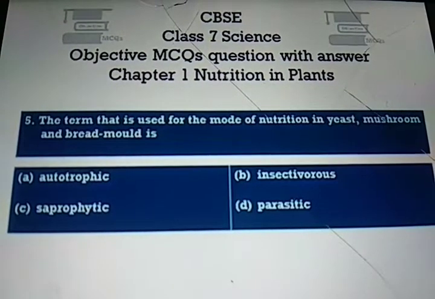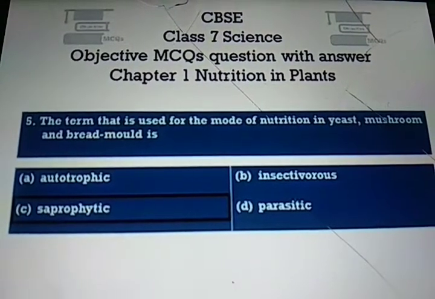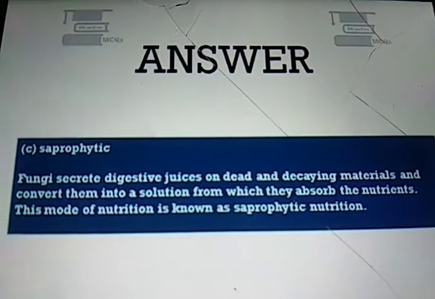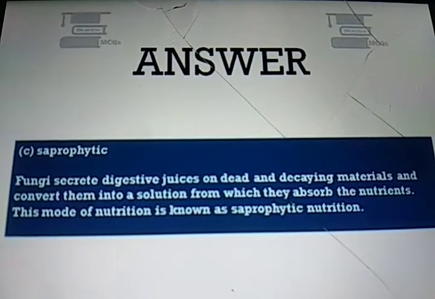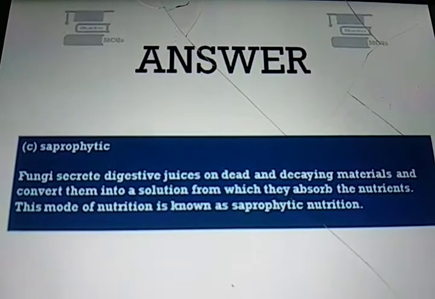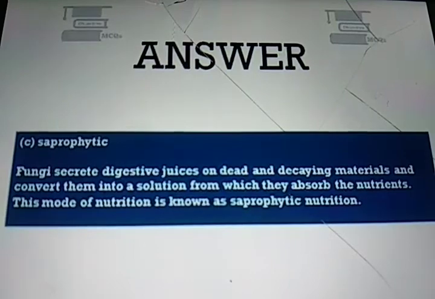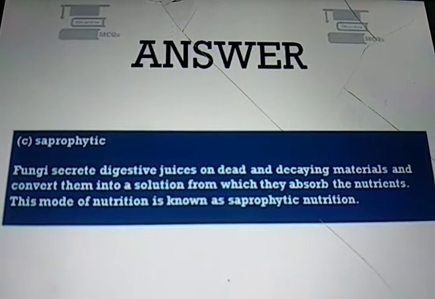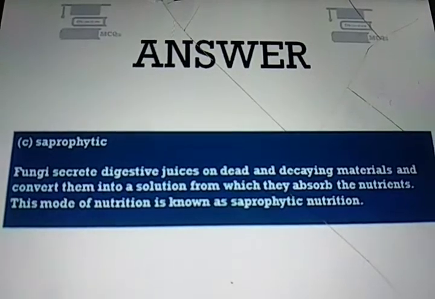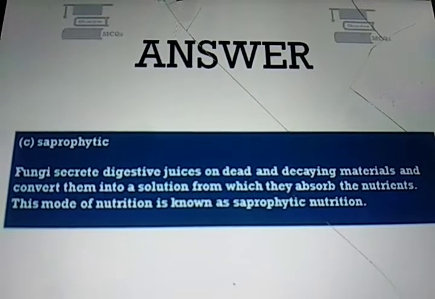And the right answer is option number C, saprophytic. So fungi secrete digestive juices on dead and decaying material and convert them into a solution from which they absorb the nutrients. This mode of nutrition is known as saprophytic nutrition.